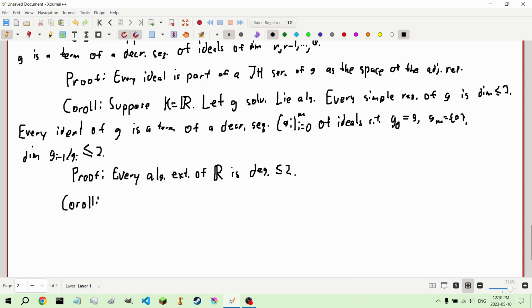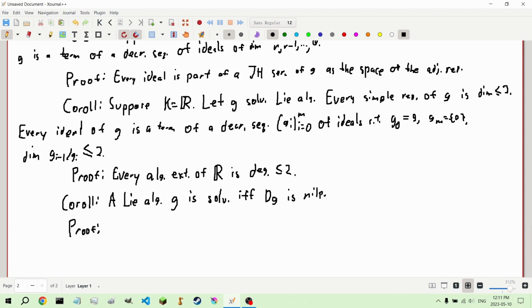Corollary. A Lie algebra G is solvable if and only if its derived algebra is nilpotent. This is necessary.